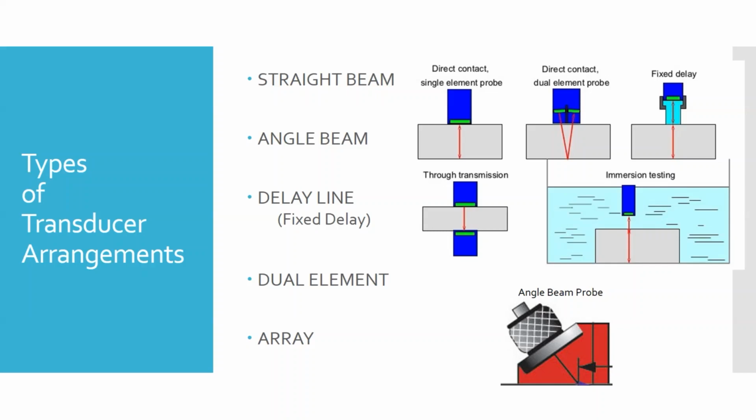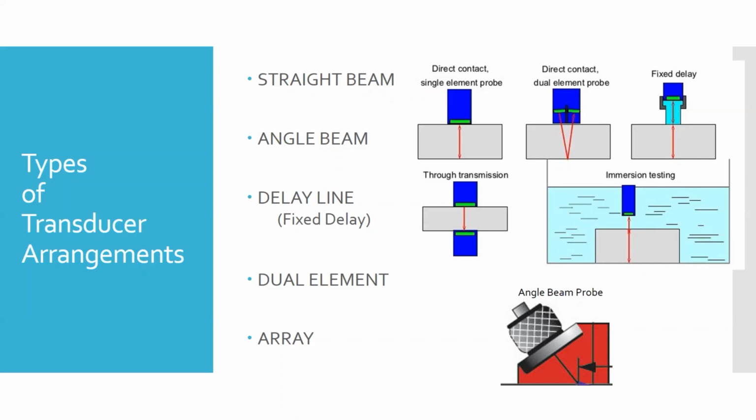In this case, you have a container filled with either oil or water. When the part is placed in there, that is what acoustically couples the probe to the surface of the part. And finally, down here is another picture of what an angle beam probe setup looks like.